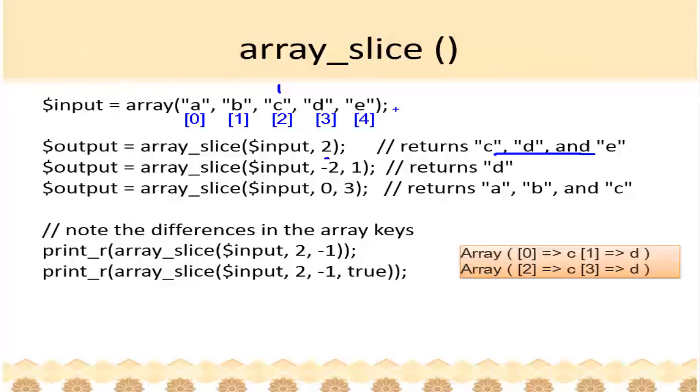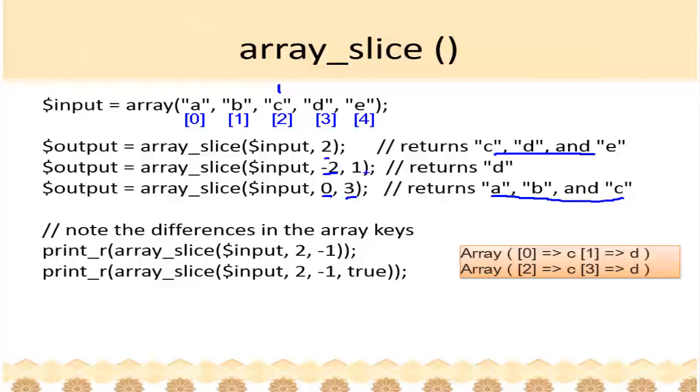Okay. If you specify the values, like from 0, take up the next 3 elements, it's going to return A, B, C. So from the offset, how many elements have to be returned? Now what will happen if the offset itself is given as negative, as in this case? So this is a negative value that is being supplied there.